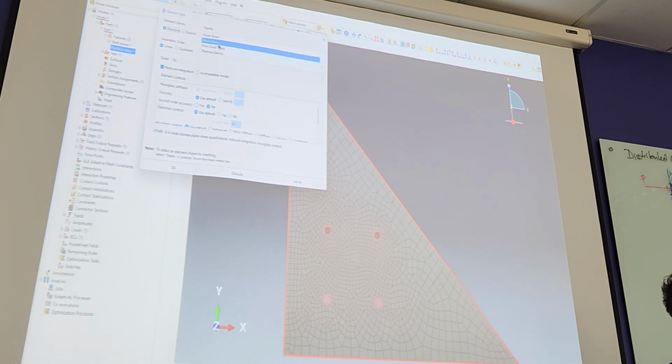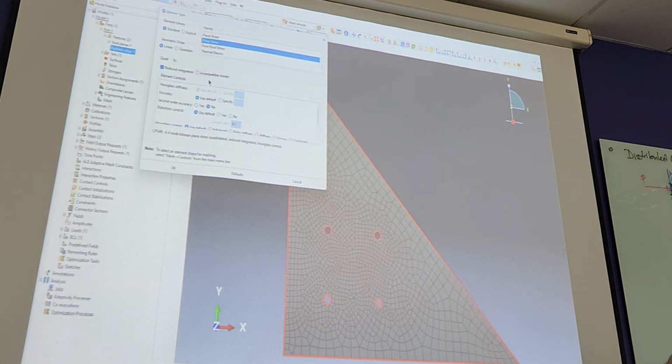It's going to be plane stress or plane strain. We agree on plane stress. Now, what are the other things that we can make a decision on? Whether it's linear, whether it's quadratic, whether it's full integration, or whether it's reduced integration, or it is incompatible mode. So what would you go with?